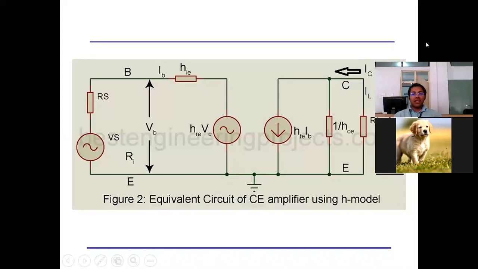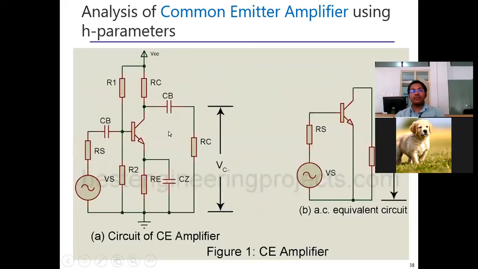So in the previous classes, we have taken the equivalent circuit of transistor using the H parameter model, and we have analyzed amplifier circuits.